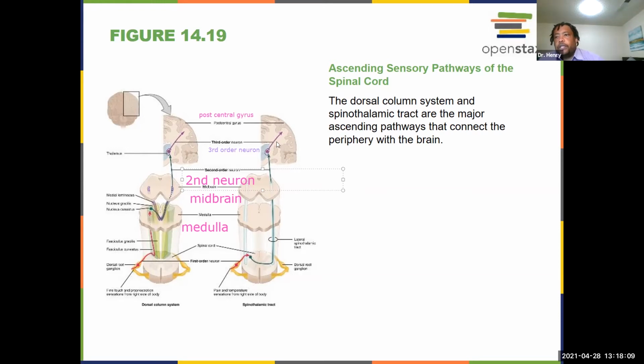The only distinction is the location of those neurons in the different regions. Then that third order neuron takes us to the brain, to the postcentral gyrus.